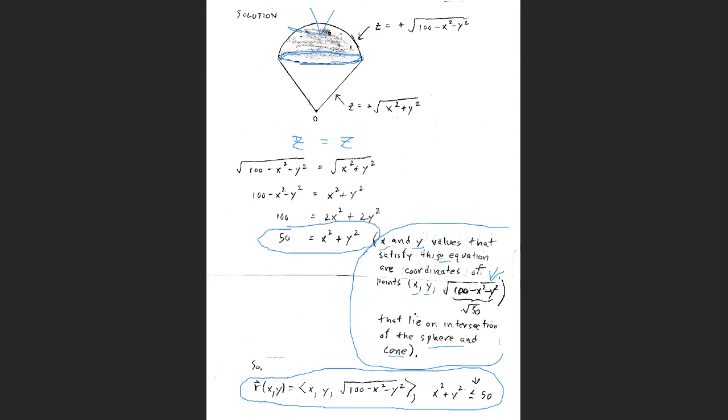R of x, y is x, y, and then z is the square root of 100 minus x squared minus y squared. But the restriction is that x squared plus y squared has to be less than or equal to 50. Because equaling 50 will just give you the rim here. But we want all the x and y points. To get the shaded area, we need x squared plus y squared to be less than or equal to 50.